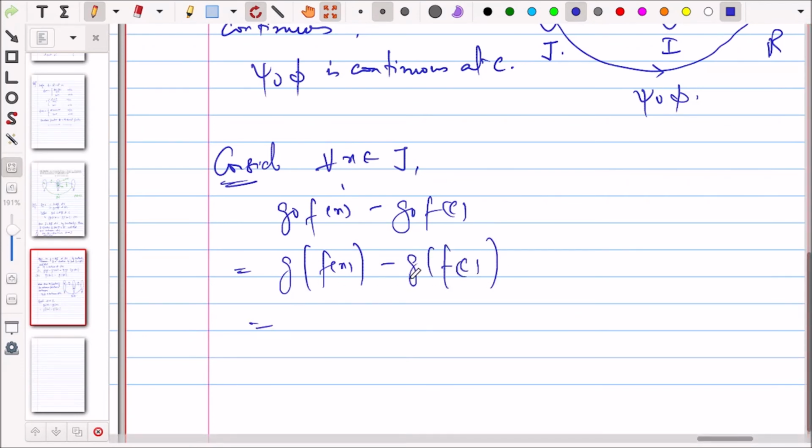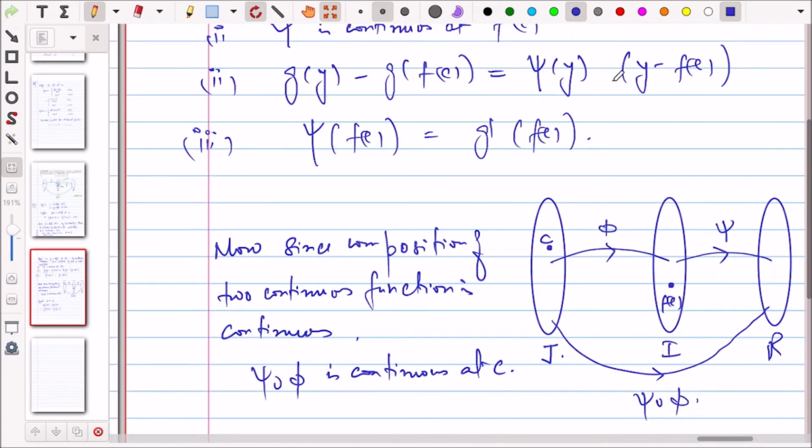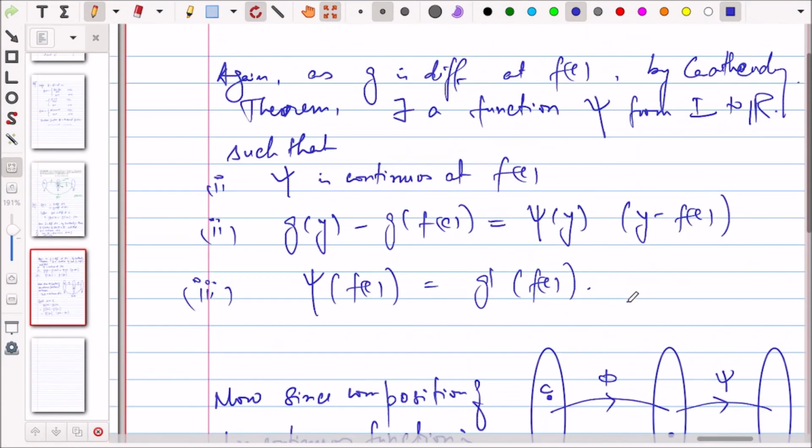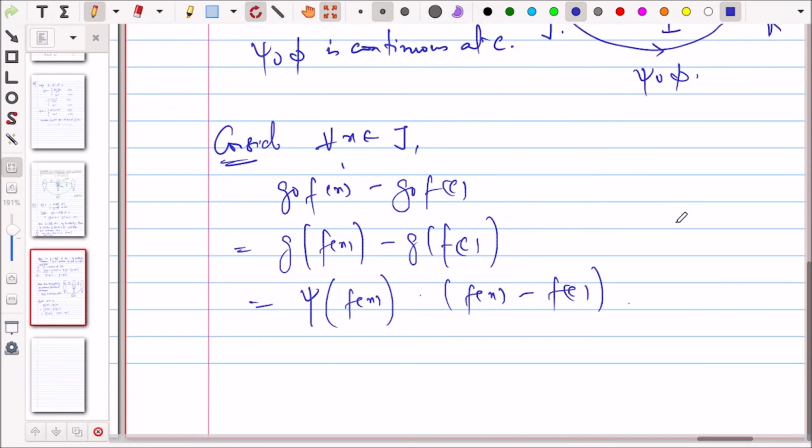So what will this be? Applying this property, it will be psi of fx into fx minus fc, right? g of y minus g of fc is equal to psi of this minus, right? Here y is replaced by fx. Is it right?